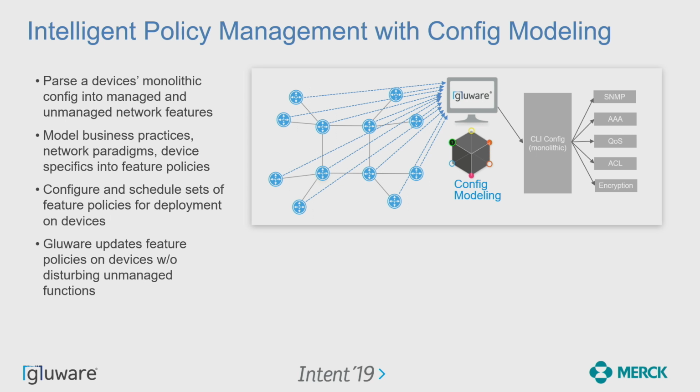So what we do is break down monolithic CLI configuration into feature components that, behind the scenes, are data modeled. We happen to wrap it in JSON-based coding. To the end user or CLI user, you don't really have to care about it, but just know that there's underlying technology that is data modeling this and making it automatable and reusable.